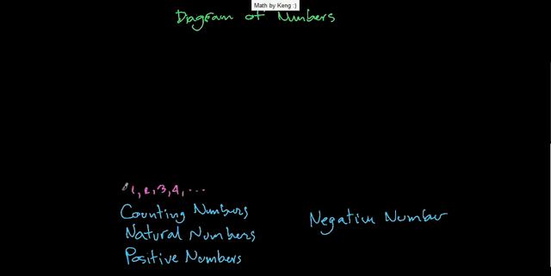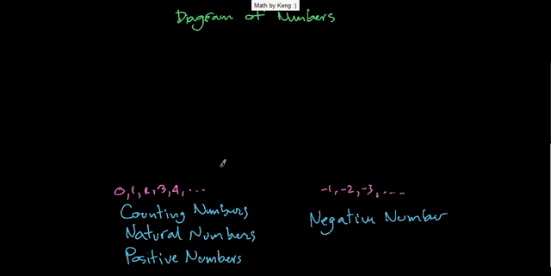Or sometimes we include 0 to this kind of number too. So the negative numbers, we start with -1, -2, -3, and so on. These are the examples of negative numbers.